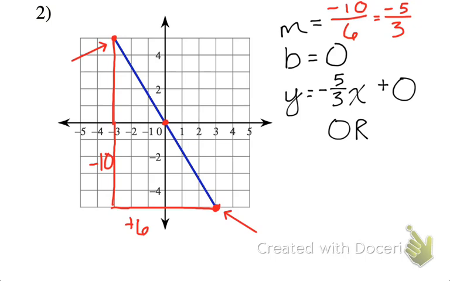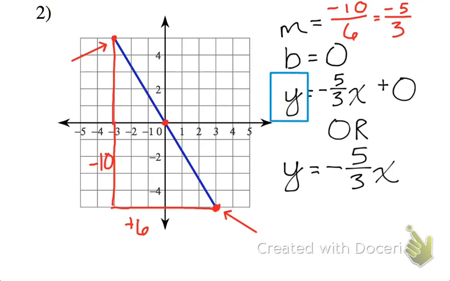Or, well, we actually added a plus 0, but we saw an equation that kind of looked like this. And this would be one of those situations. It would be negative 5/3 x. The plus 0 doesn't affect the value, so you don't actually have to have it on there. I would say, for my purposes, for you practicing this, do the first one. But if you can extend that and go to the second one down there at the bottom of just y equals negative 5/3 x, that's awesome.